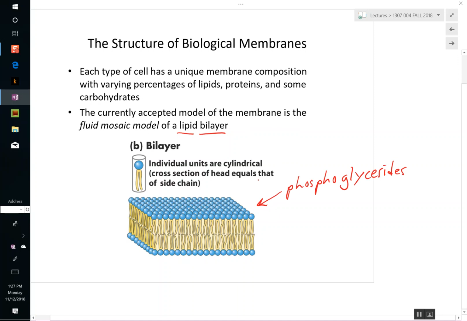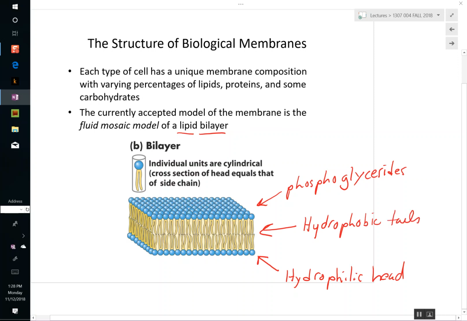And so you've got your hydrophilic head, and you've got your hydrophobic, or non-polar, hydrophobic tails. Non-polar tails. On phosphoglycerides, those are 2 fatty acids. All right? They don't like water.